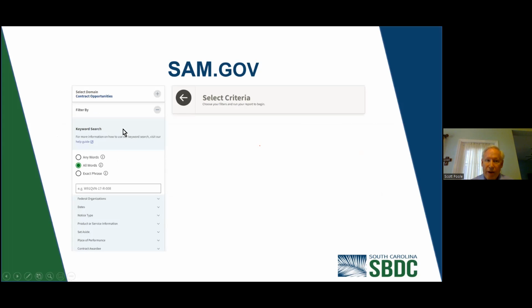And when you go to contract opportunities, there's a whole array that you could look for. You could say, okay, I want to look for the opportunities based on federal organizations, dates, the notice types, the product or service information, set-asides, place of performance, contract awardees.